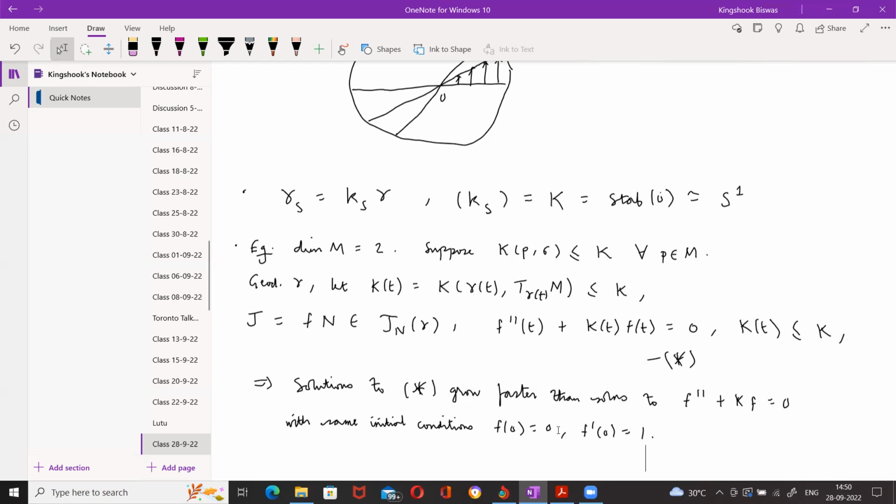We'll get bounds on the volume growth of balls, and for the spaces of constant curvature, we'll be able to compute the volume growth explicitly using Jacobi fields. Okay. So that's the goal for now.